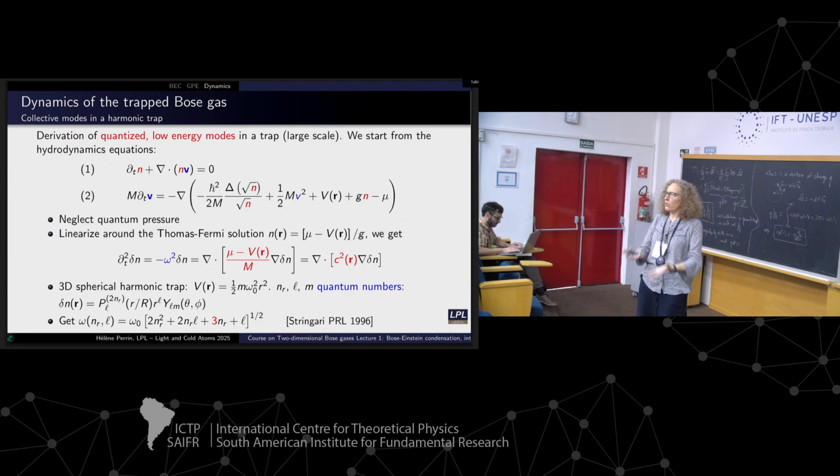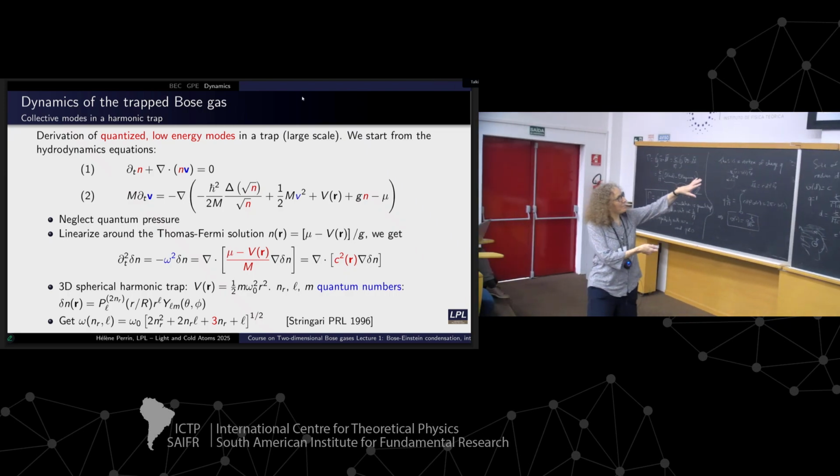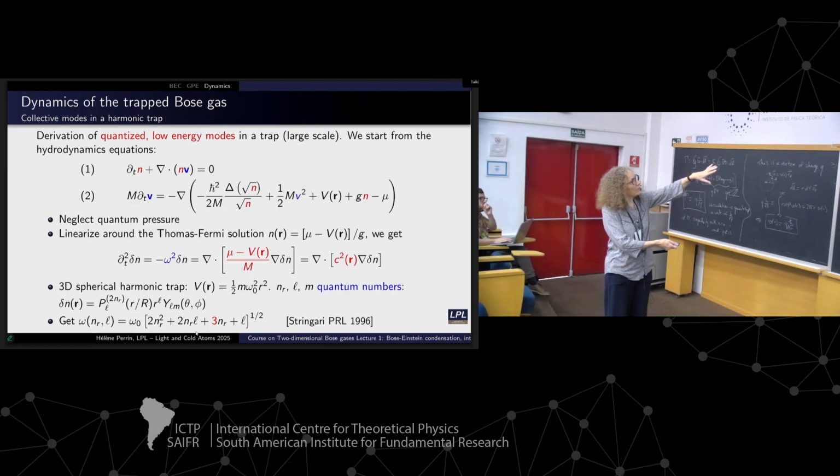And when we look for the cloud as a whole with its Thomas-Fermi distribution, big radius, etc., and we look at large size excitations, then we can neglect safely this h bar squared over 2m, Laplacian of gradient of n, etc. And we are left with an equation where we only keep the terms like this one in blue, and these ones.